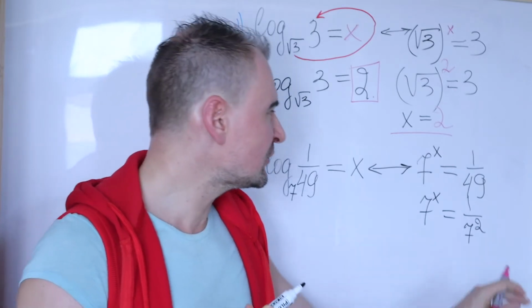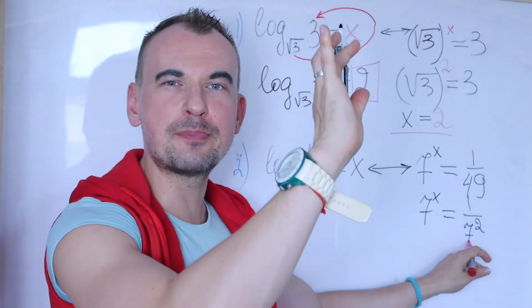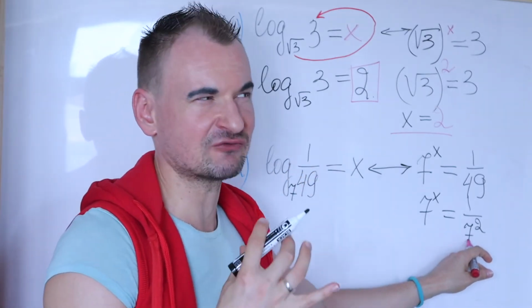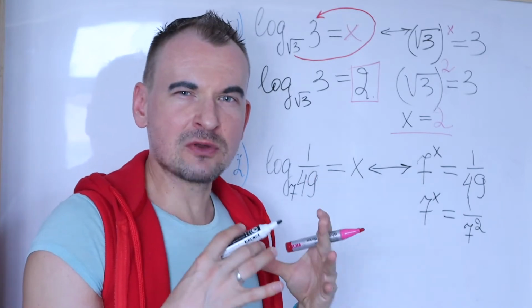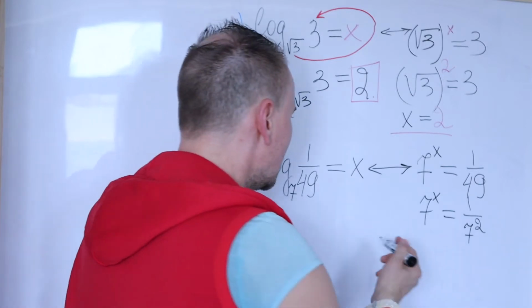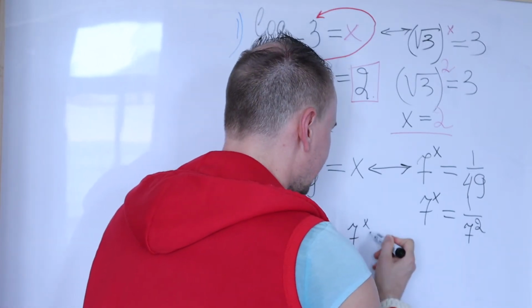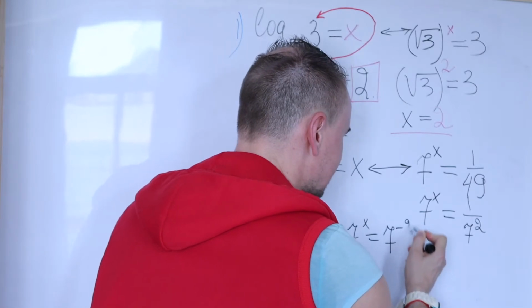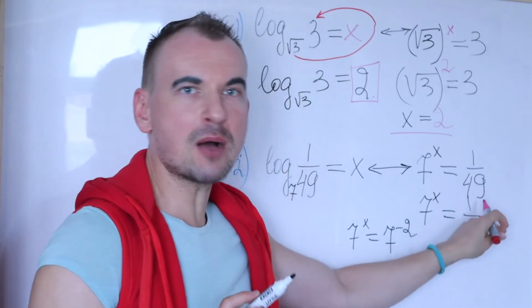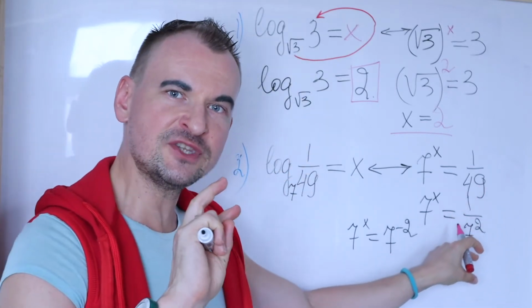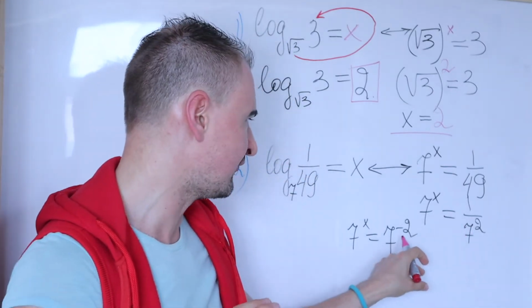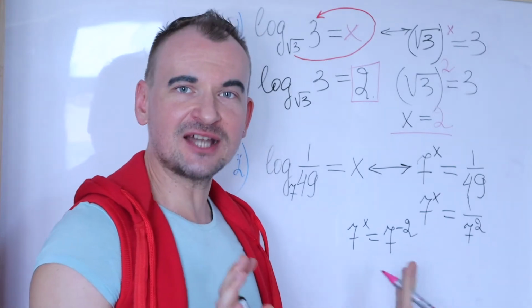And all you need to do is bring this power up to the top by making this power negative. So algebra also comes up here, but we can't help it. So it's the same thing as 7 to the negative 2. Again, when you bring your power up to the top, you need to switch it to a negative power. And now we are done, we are there.